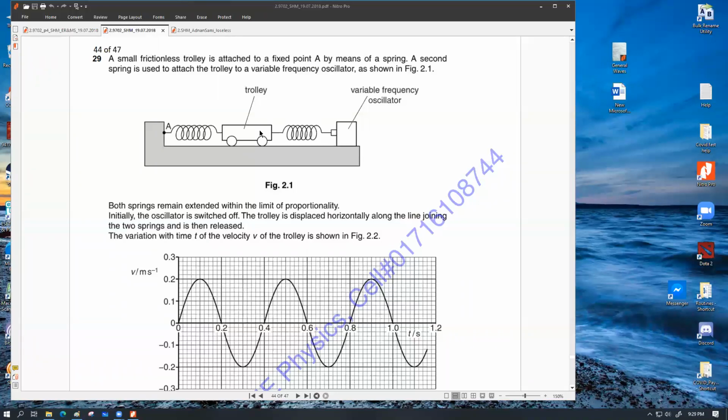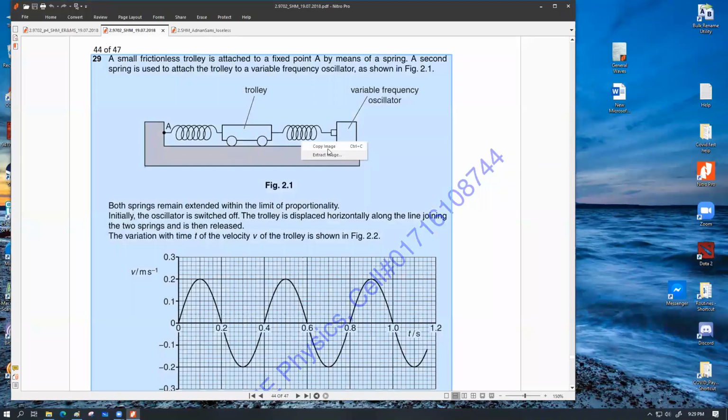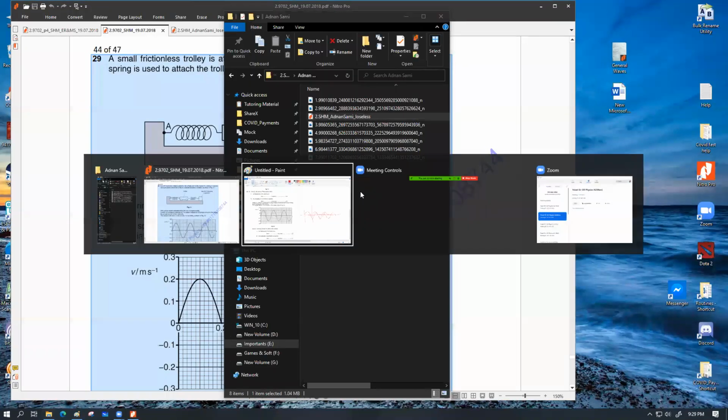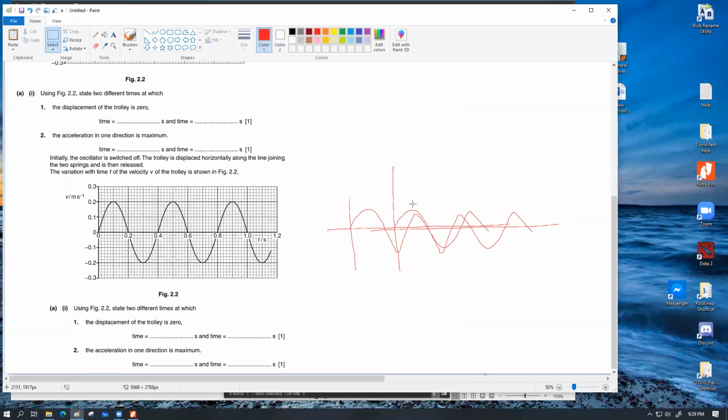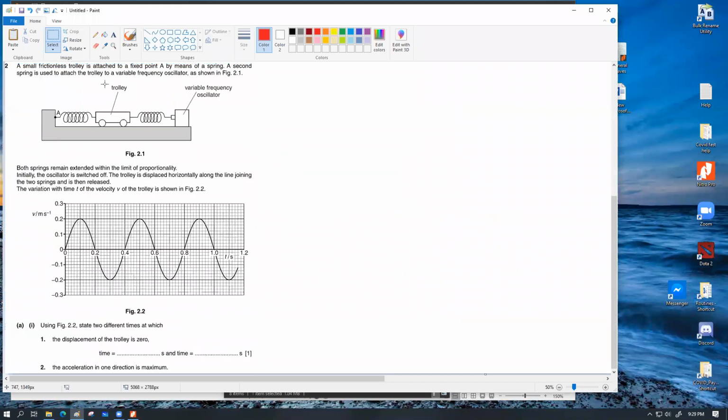If you cannot think of these options, the other option that always remains is that we can attach a cardboard perpendicular to the alignment of the springs and the trolley, which has a very small mass compared to the mass of the trolley, and we attach it with a few drops of glue. So what I mean is this: if you are trying to draw something over here, let's say for this part of the question, we can try to draw a cardboard that is attached over here like that.